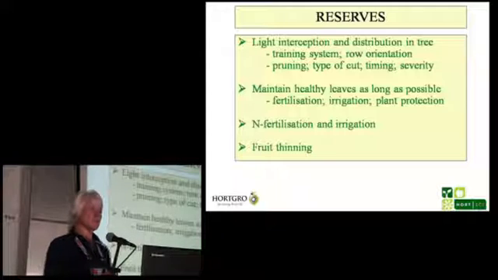Because remember, as soon as the leaves are gone, the tree stops photosynthesizing and the reserves are being used for whatever is happening in the tree at that time. So we want to keep the leaves there as healthy and as long as possible, obviously not going into winter too far, but we want to maintain the leaves in a good condition.